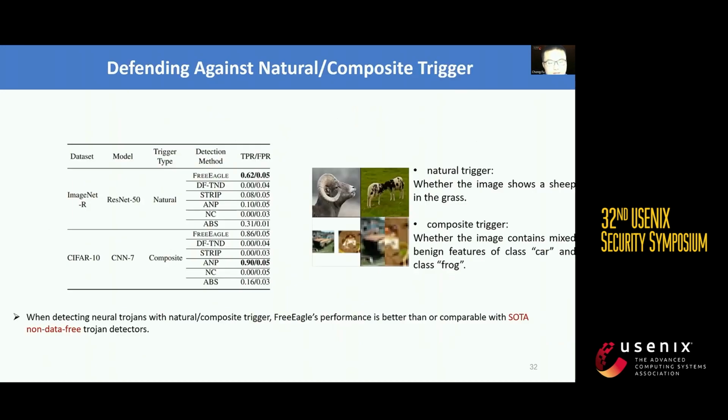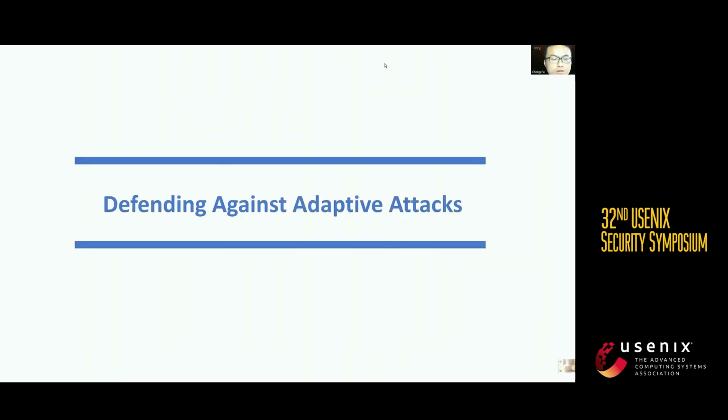Our method can also detect neural Trojans with more complex triggers. When detecting neural Trojans with the natural or composite trigger, FreeEagle's performance is better than or comparable with state-of-the-art non-data-free Trojan detectors. We also test our method against adaptive attacks.